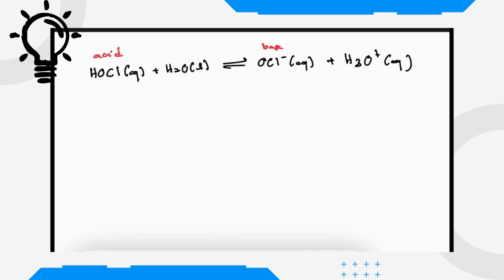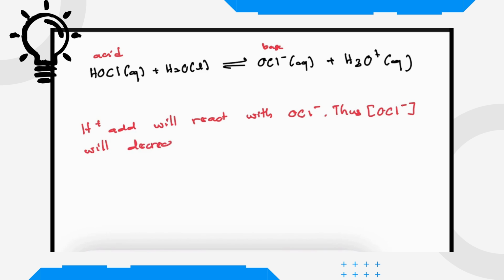When we add a small amount of acid to this solution, the acid that you add will react with the base, OCl minus. So the concentration will decrease or reduce.